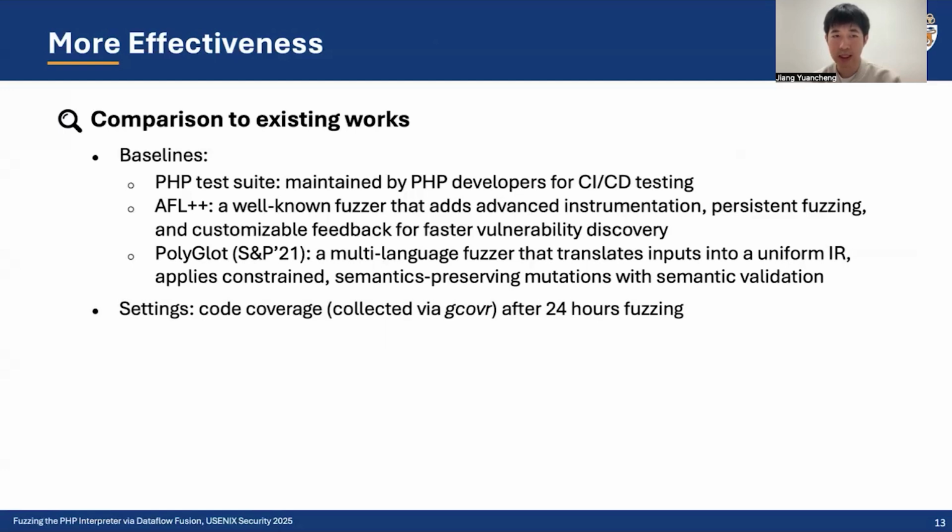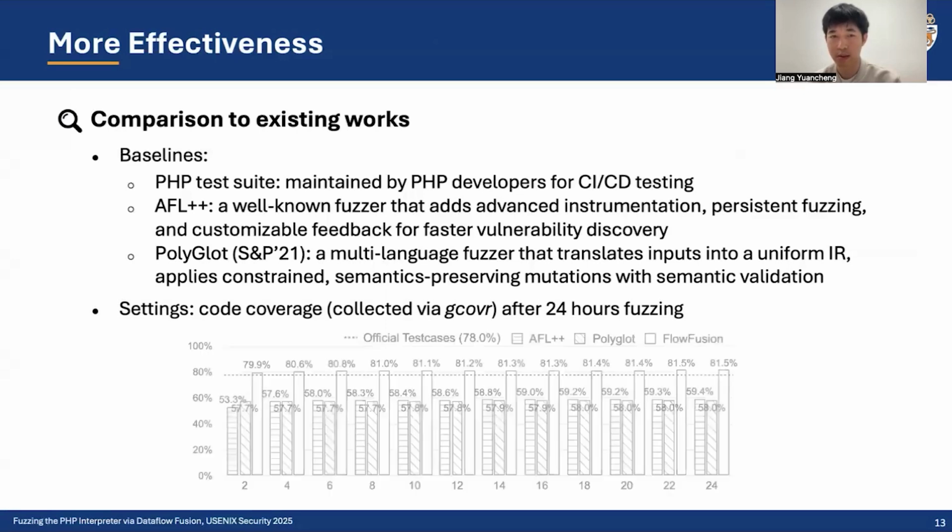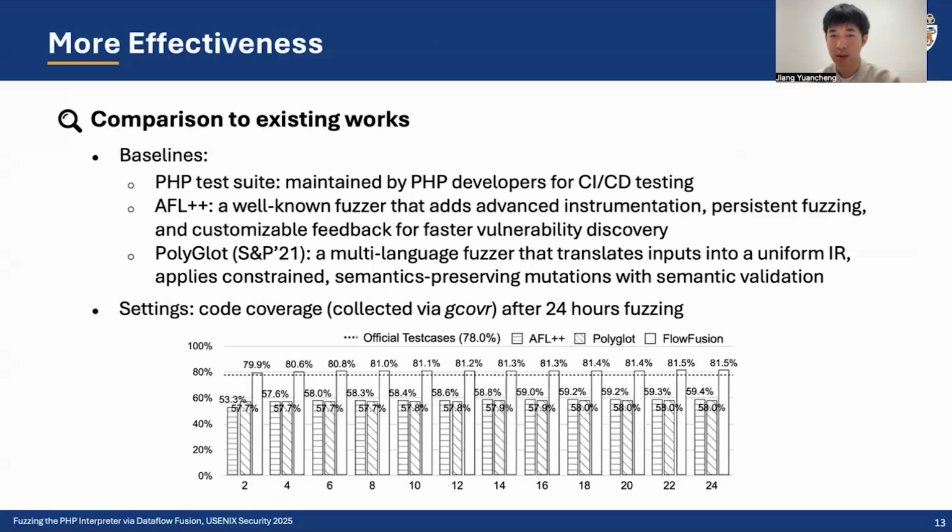Our evaluation setup is that we count the code coverage after 20 hours of fuzzing. And here is the result. We first look at the official test suite, which achieved 78% of the coverage, which is higher than AFL++ and Polyglot, surprisingly.